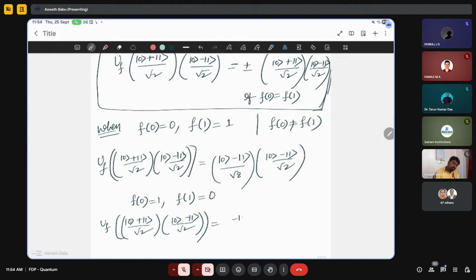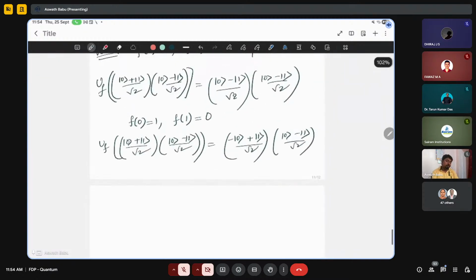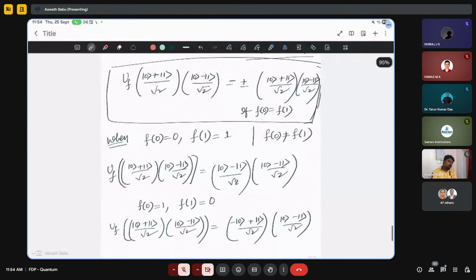Minus 0 ket plus 1 ket divided by square root of 2, 0 minus 1 divided by square root of 2. Now you can just take a minus common in the second expression. You can put minus outside.